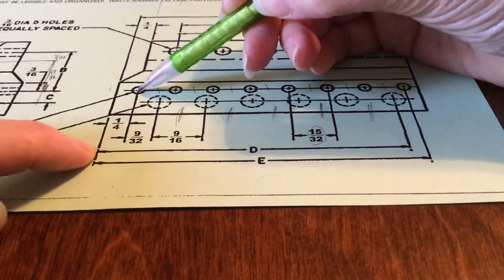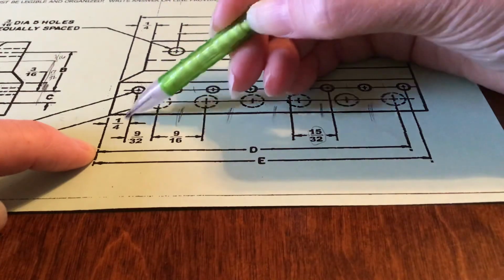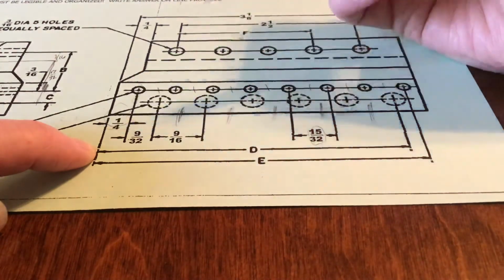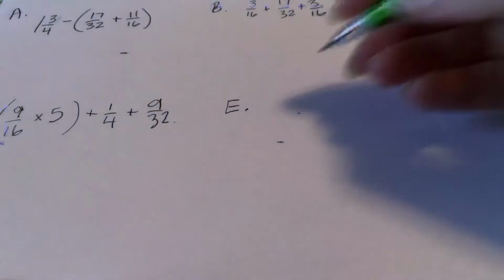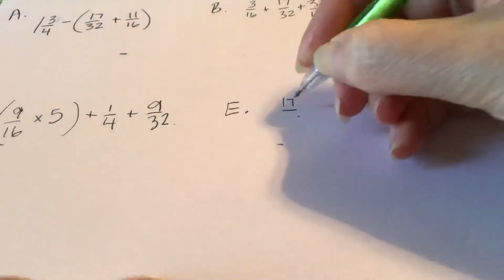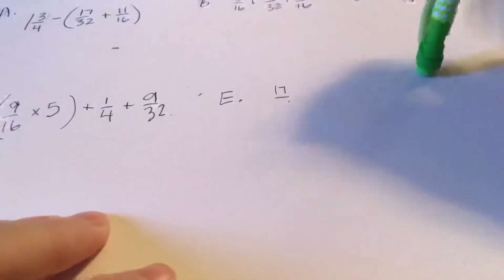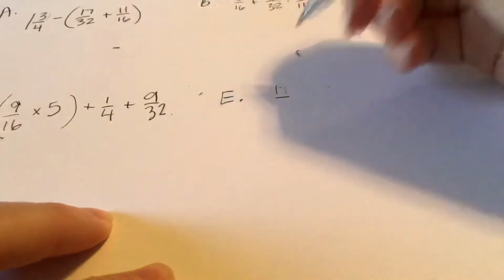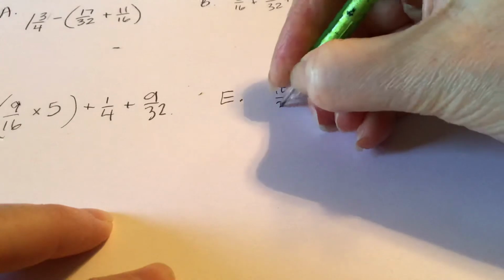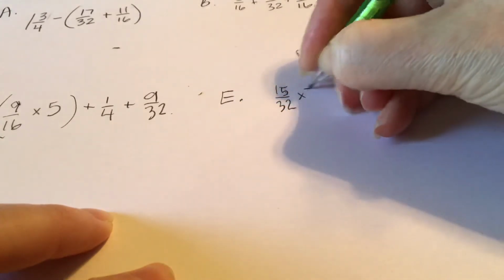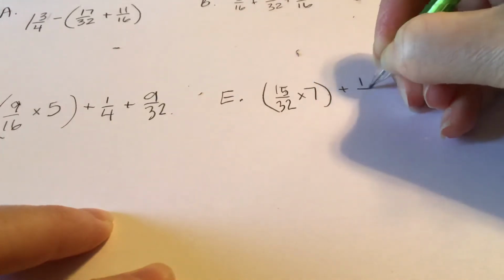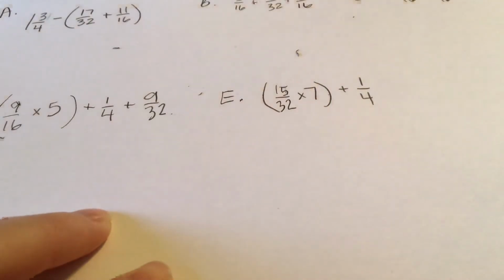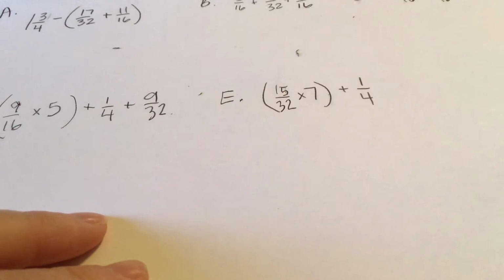And then that would bring us to right here, and we'd have to add on this extra quarter. So our problem is going to look like this: 15/32 times 7 of those, and then we're going to add on our quarter. And that will give you the length of E.